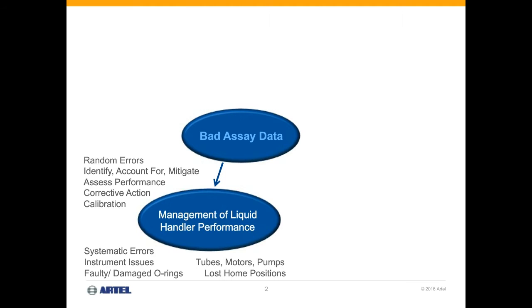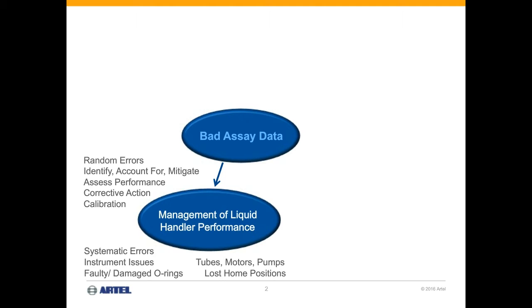There are different kinds of errors you can have. You can have random errors that are really hard to determine the root cause of. Sometimes you can have a corrective action for them, but not always. There are systemic errors, which are a major instrument issue.